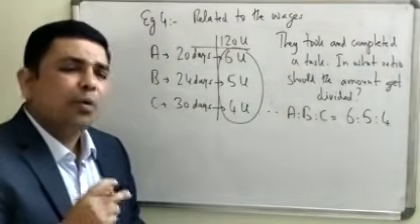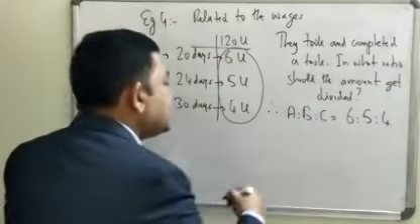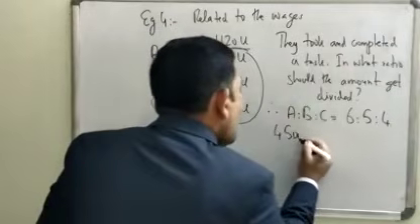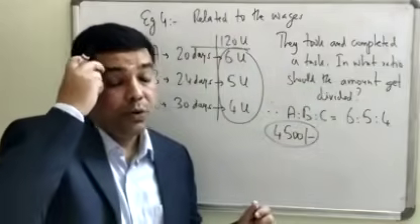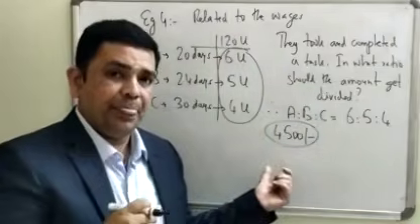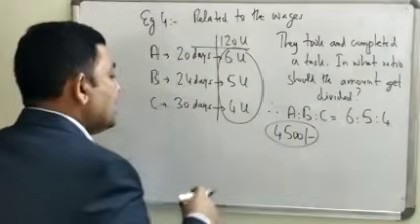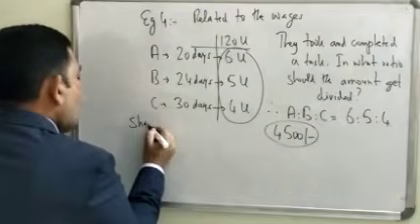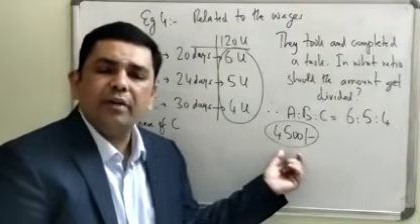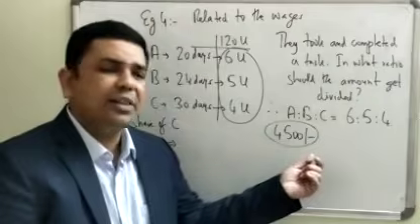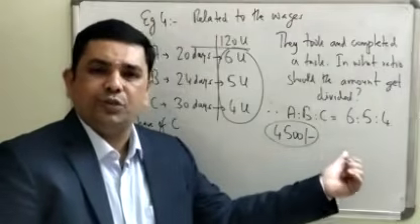Right? Suppose the question further says that they are given 4,500 rupees to complete this task. And what is the question asked? The question asked is, what is the share of C? So 4,500 rupees will get divided in the ratio 6:5:4.